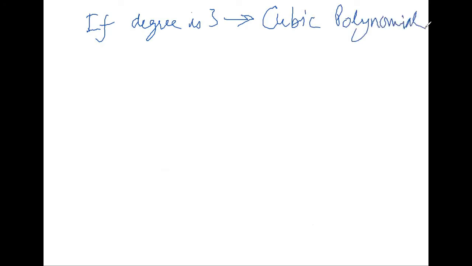Let us take some examples. For example, 3x cube minus 8. This is a cubic polynomial because the highest power is 3. For example, 2y cube plus y square minus 7y plus 1. This is a cubic polynomial.